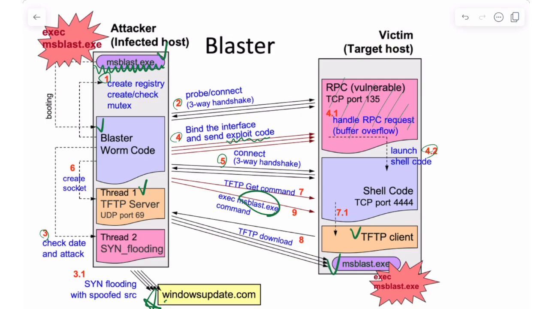For example, create several processes to establish TFTP server, to initiate a thread number 2 to do SYN flooding.